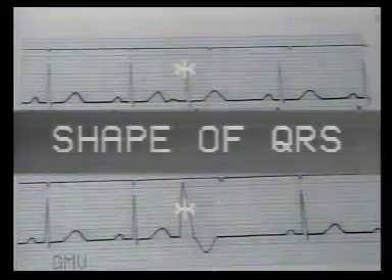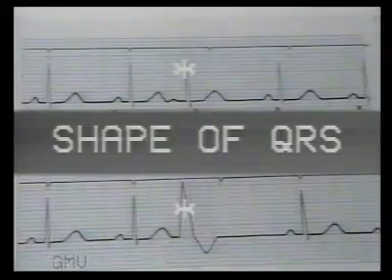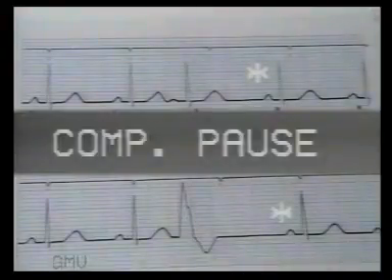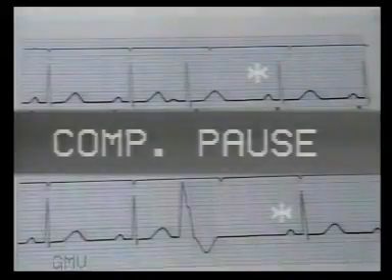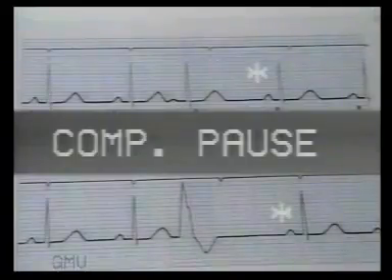The atrial premature beat has normal QRS configuration, while ventricular premature beats have a wide and bizarre QRS complex. Number 2. The atrial premature beats have incomplete compensatory pause, whereas ventricular premature beats have a complete compensatory pause.